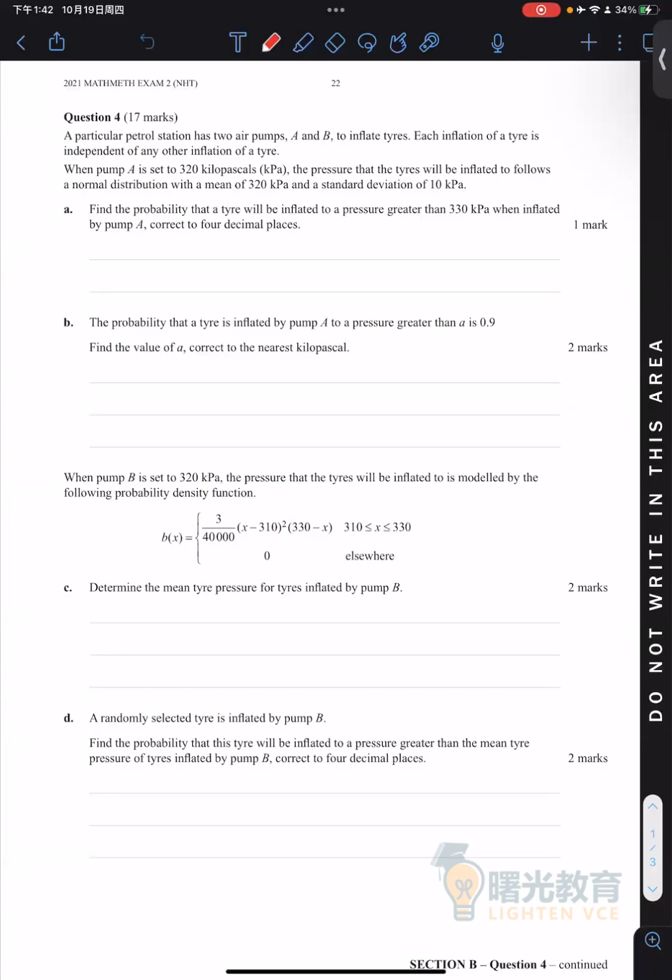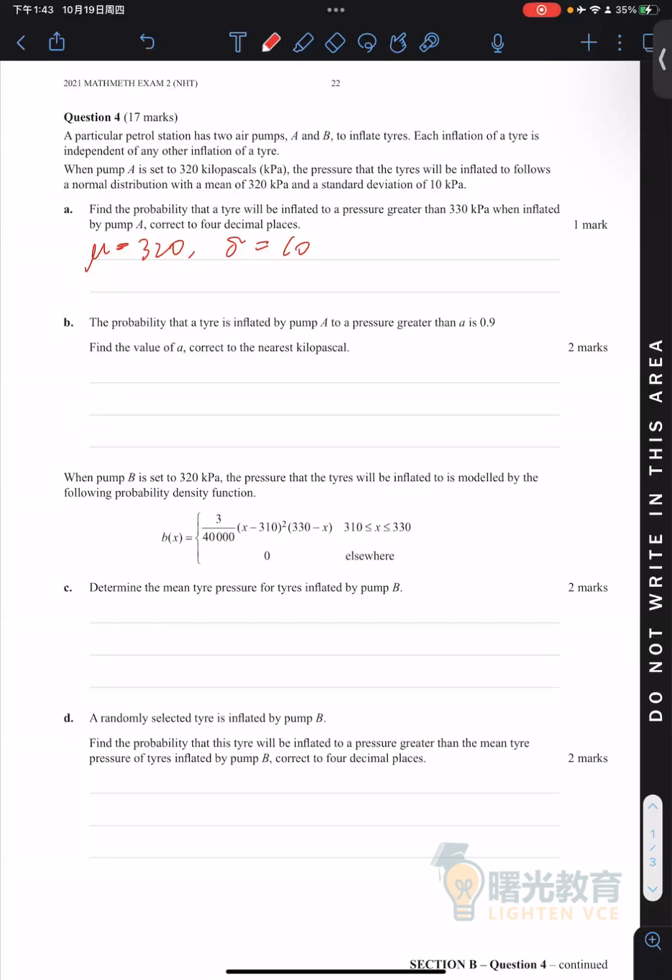Now, this is a very typical introduction, like part A, to initiate all the questions. From the given information, we know that mu is 320 and sigma is equal to 10. And then we can use the function menu, then probability distributions, and we're going to do the normal CDF.